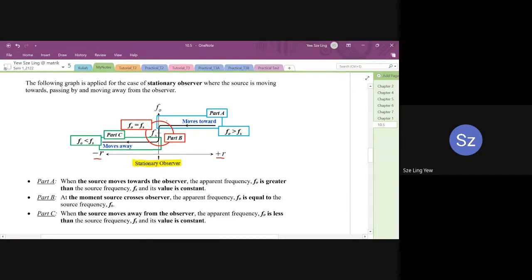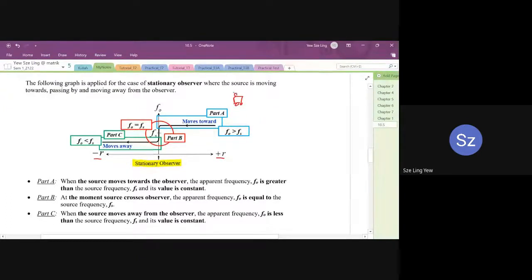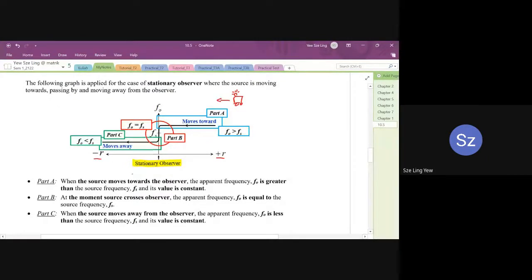You need to know how to sketch this graph, because sometimes you'll be given a graph and asked to interpret it, or the question will ask you to sketch a graph and label the values. So it applies for a stationary observer. Let's say you have an ambulance with a siren moving from positive R towards negative R. This is what happens to the frequency that you receive.